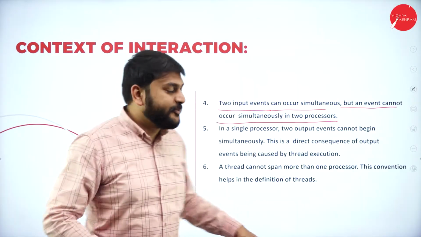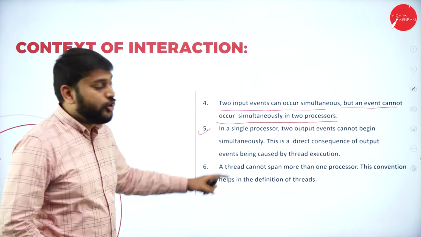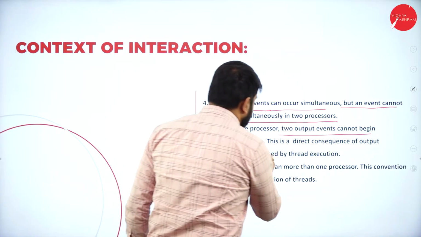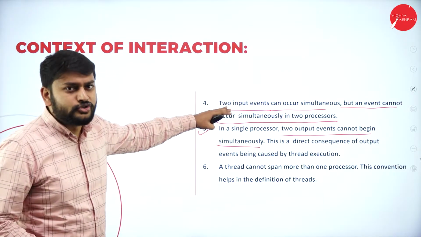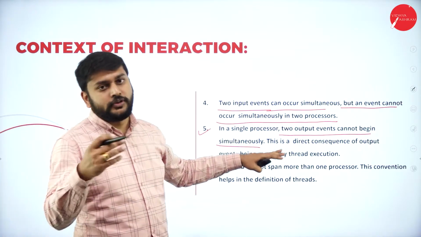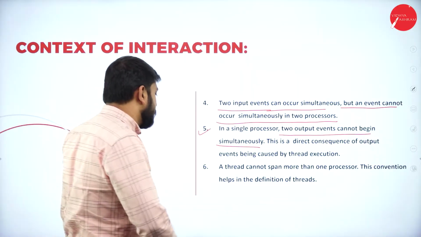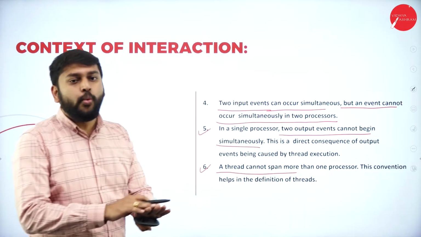So that's what you need to remember, right? So fine, moving forward to the next point. In a single processor, two output events cannot begin simultaneously. So that's what you need to remember. Same point, whatever I had here. I was speaking with respect to the input, but this point speaks with respect to the output, right? Moving forward to the last point that I have here for our ground rules. The thread cannot span more than one processor.